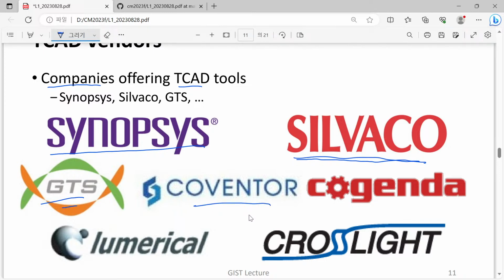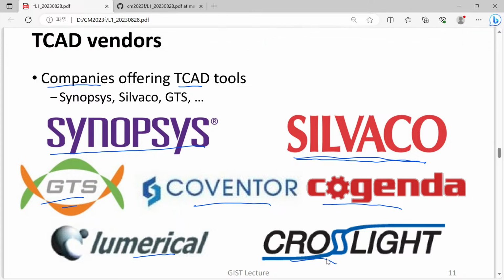They are more specialized in process emulation. And the Taiwanese company Cogenda, and these companies are for optoelectronics. And also we have other companies operated by research institutes, such kinds of companies.